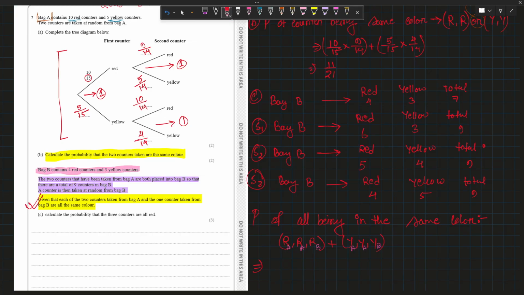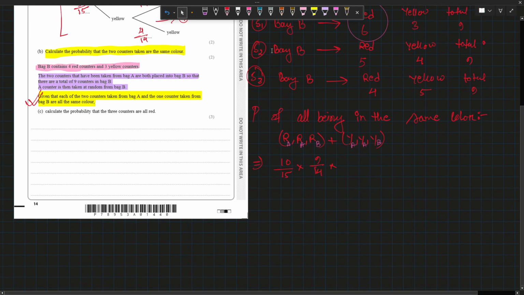So for the red, we have 10 by 15 times 9 by 14 times, and from bag B, it's going to be this scenario where we have taken red from here, to make it the same color.